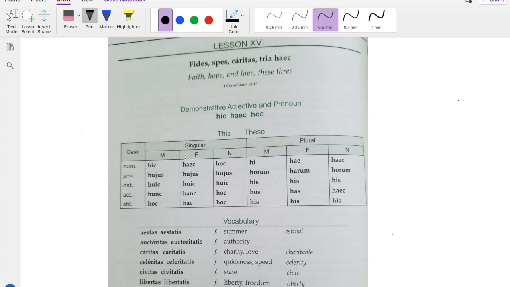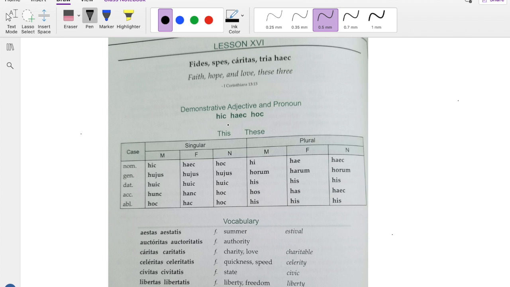Couple things. These have gender. Remember, an adjective has to match the gender of the word it is modifying. And the pronoun will have to match the gender of the word it's replacing. Same with number. If you're using an adjective to refer to something singular, you're going to use your singular adjective. If it's something plural, you're going to use your plural adjective.